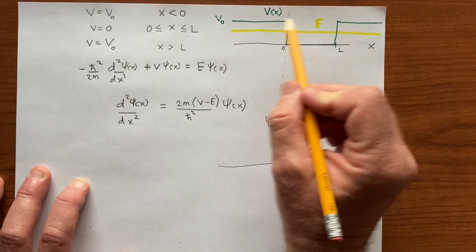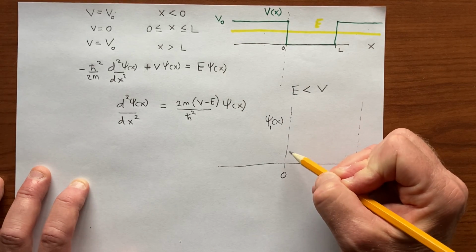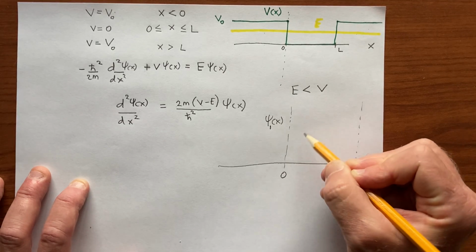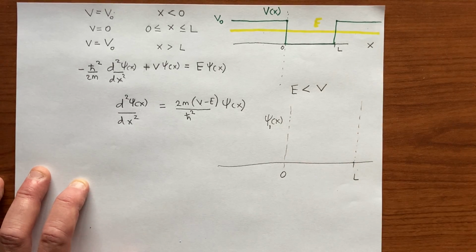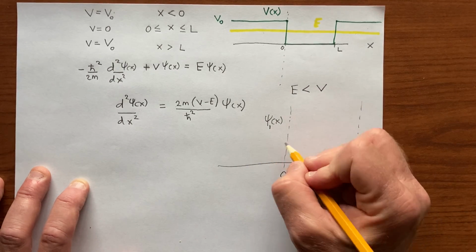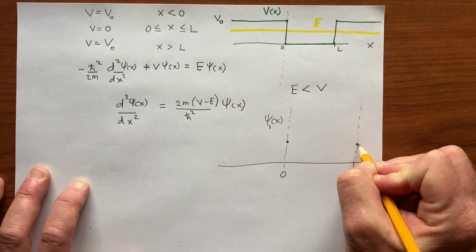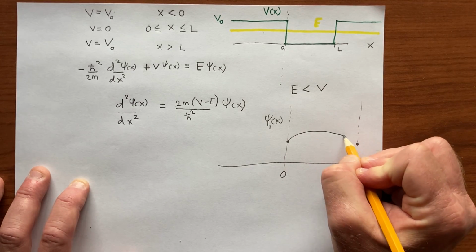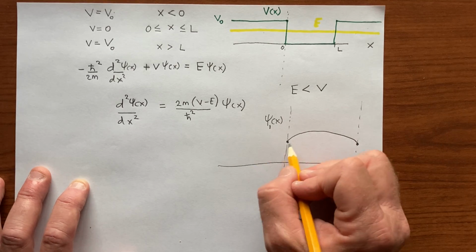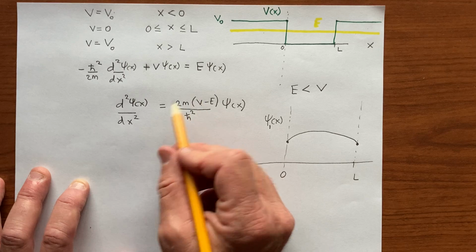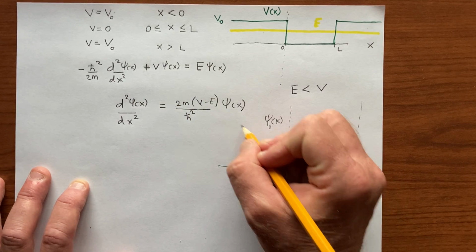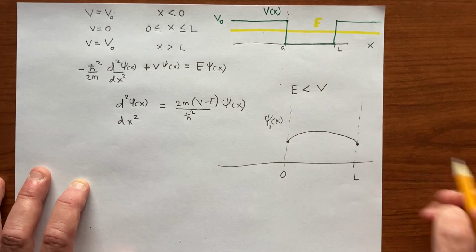The greater we make V naught, if we make V naught go to infinity, then the function has to just look like functions that we saw before, right? Just one bump that looks like this. But now the function can have non-zero values outside, so presumably, and it's going to have to be symmetric, it's going to look something like that, and then here we're going to have some solution. The question is, is it going to be like this or like that? It's exponential decay, so it could look like that, or it could look like that.